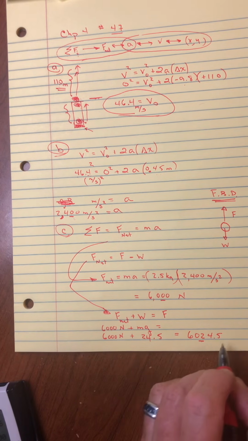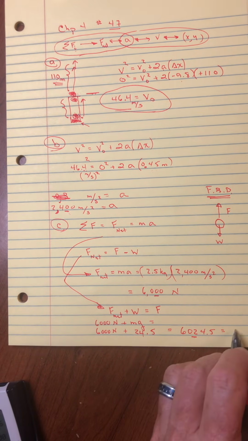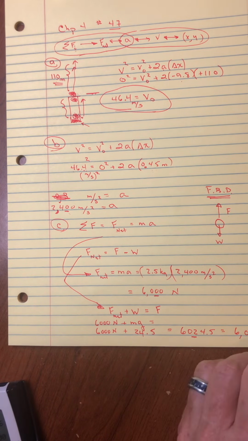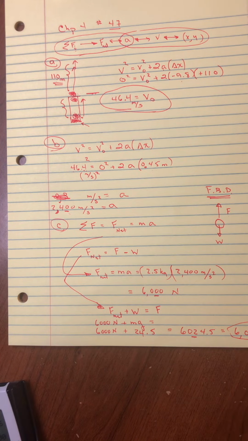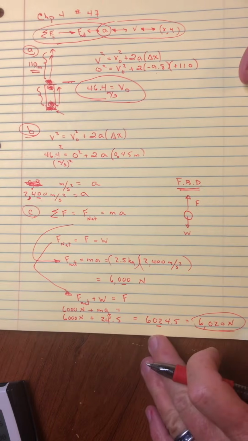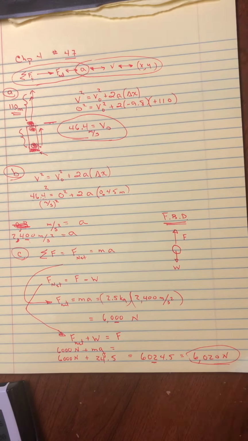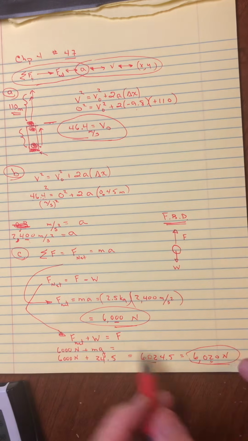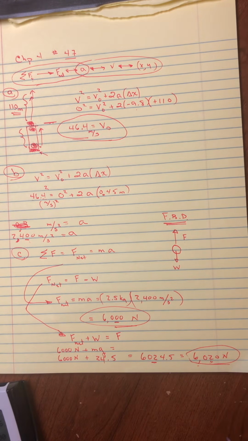But remember, with three significant figures, you're really looking at 6,020. So it does show up in the last digit of the significant figures. So with that in mind, I'm going to go with the idea that the author wanted us to get the force from the exploding gunpowder. They didn't just want the net force of 6,000, but they wanted the 6,020. Not completely sure what they want.